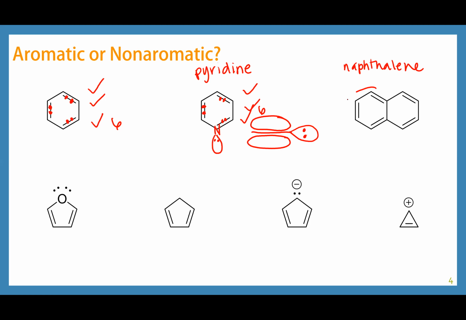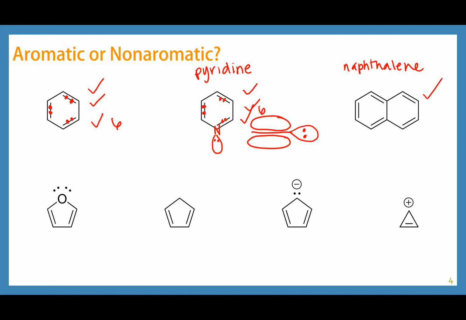So you can kind of look at this and say, well, that looks just like benzene. So I know that all of those are sp2 hybridized. Are these two carbon atoms sp2 hybridized? Yes. And what about these two? Yes. So all of these are sp2 hybridized.